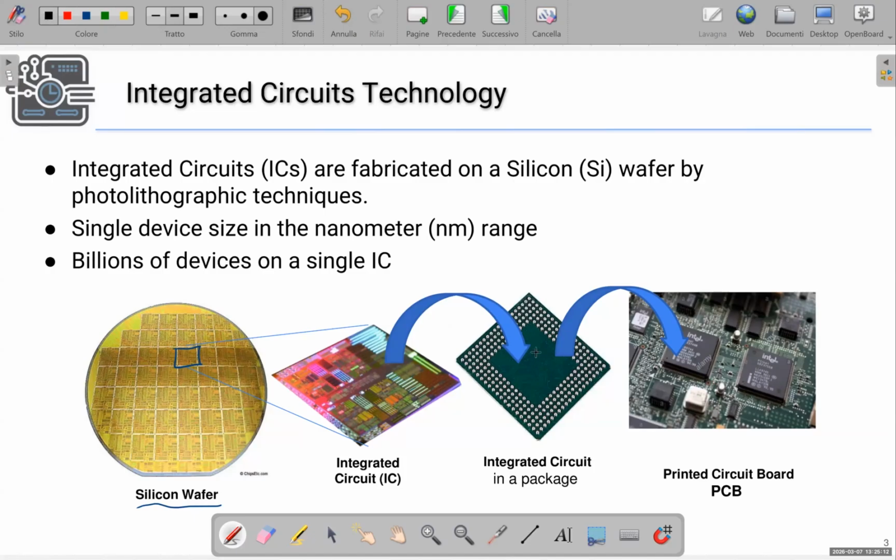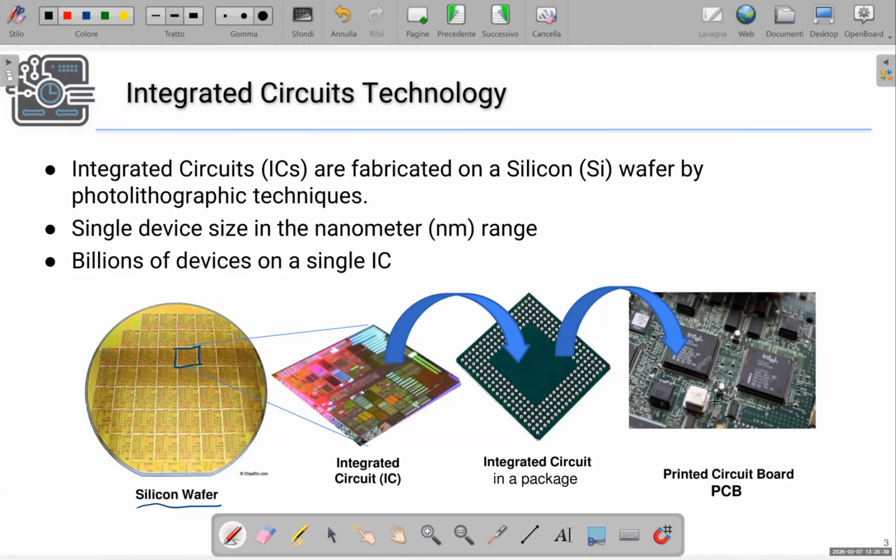Then they are put in a package with electrical contacts that make it possible to get access to specific terminals, input and output terminals, inside the circuit. And these packages in the end can be soldered and interconnected to other integrated circuits and other passive devices on a printed circuit board.